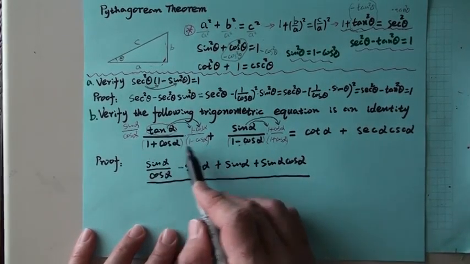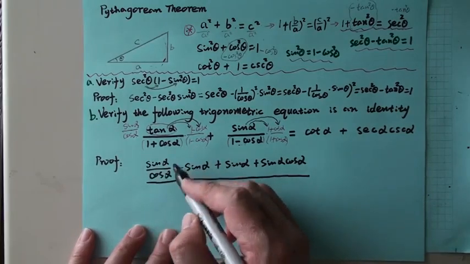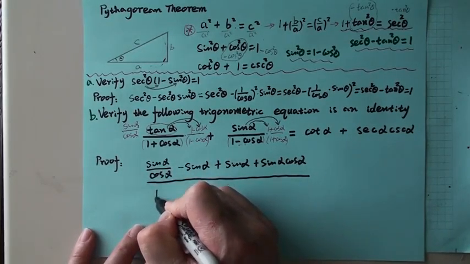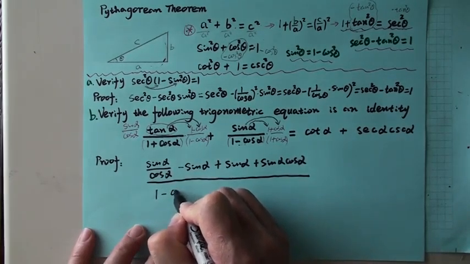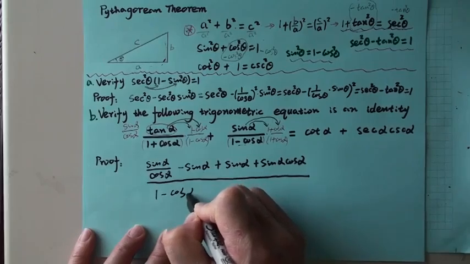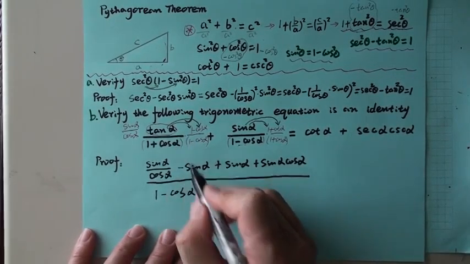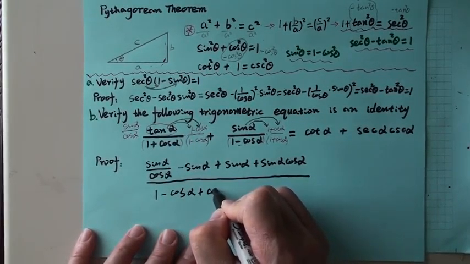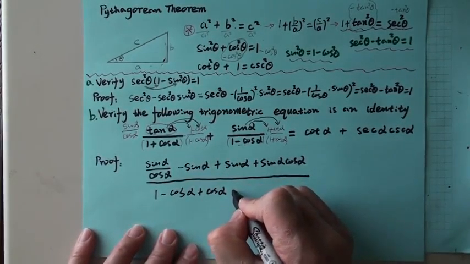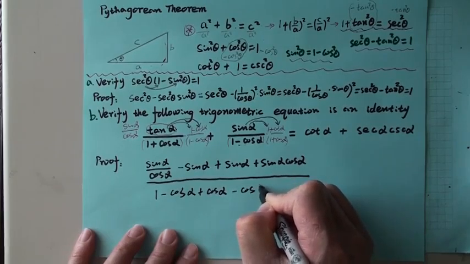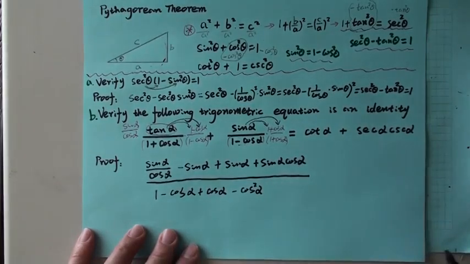But I like to FOIL this out. 1 times 1 is 1. 1 times negative cosine alpha is negative cosine alpha. Cosine alpha times 1 is cosine alpha. Cosine alpha times negative cosine alpha is negative cosine alpha squared.